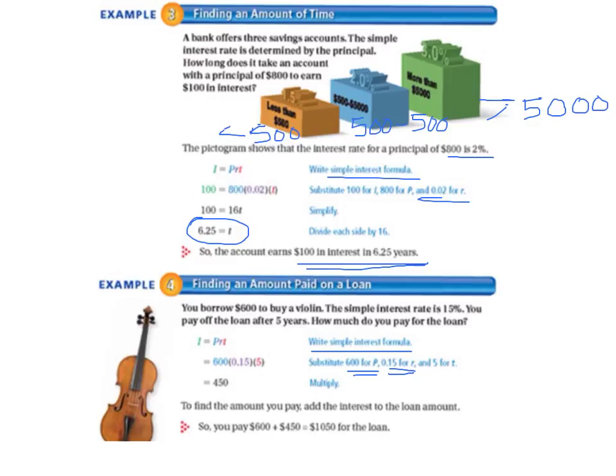And we borrowed our money for 5 years, so it's 5 for the T, and when we multiply all of that out, we paid a total of $450 in interest. So we paid the $600 for the violin, plus we paid $450 in interest, which means we paid a total of $1,050 for the loan.